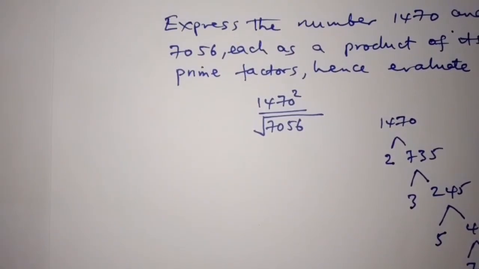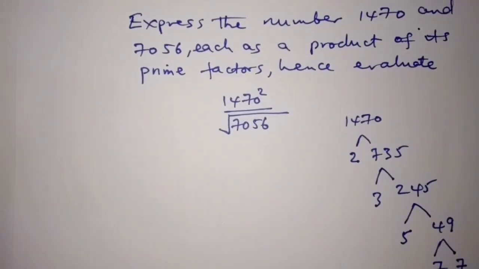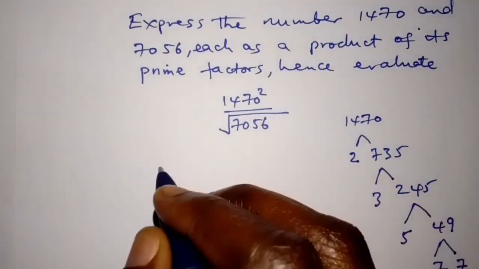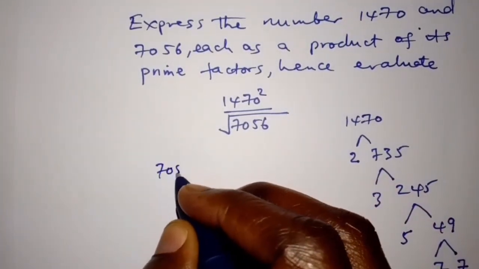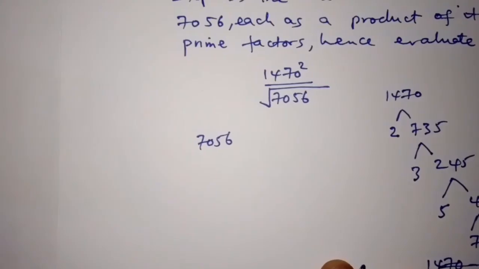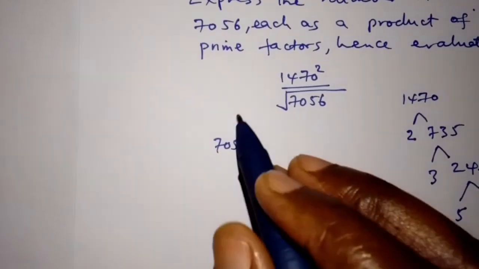Now let us find the factors of 7056. We use the factor tree to find the factors of 7056.